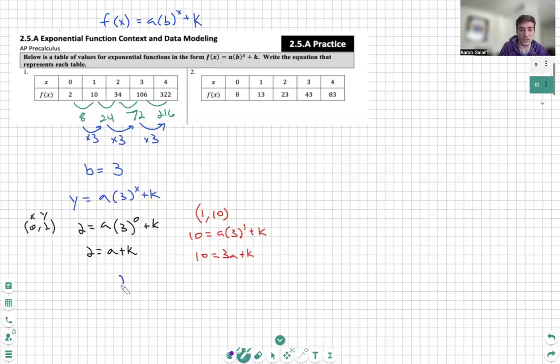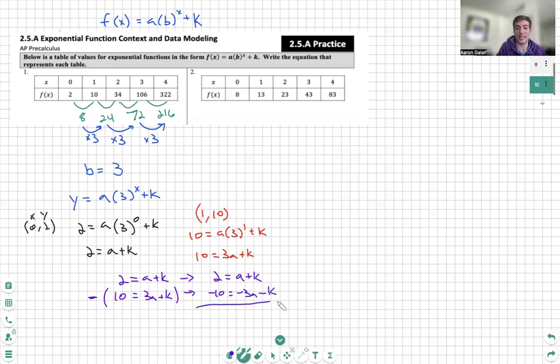So what we're going to do is stack them both on top of one another. 2 equals a plus k, and then another one, 10 equals 3a plus k. I'm going to flip the signs of just my lower one and rewrite my equations. 2 equals a plus k, and negative 10 equals negative 3a minus k.